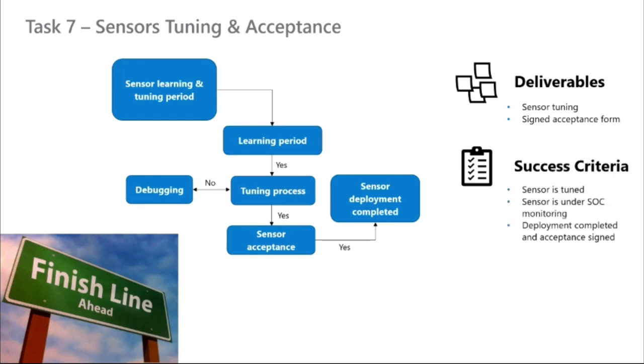The sensor is tuned. The sensor is under SOC monitoring if the SOC is involved, and any alert and event forwarding rules are implemented, and the deployment is completed and acceptance is signed.